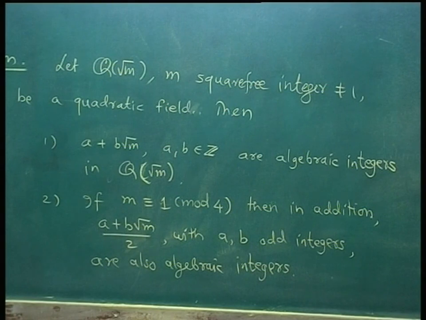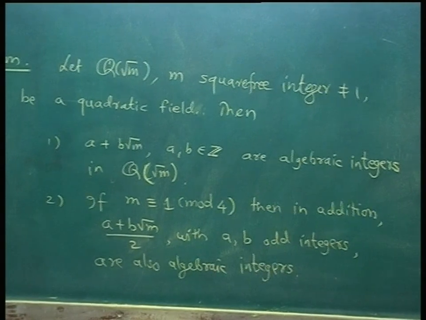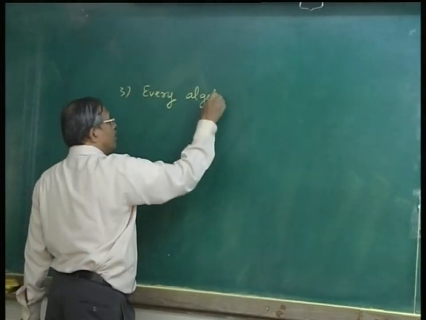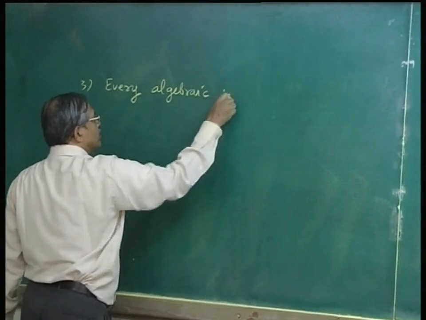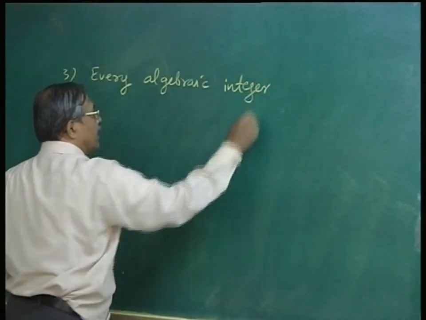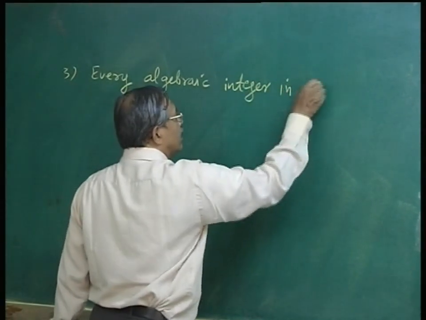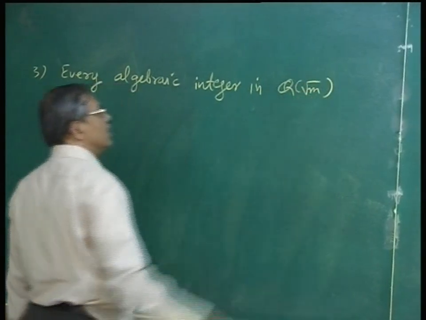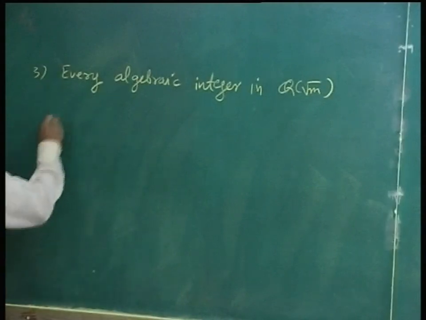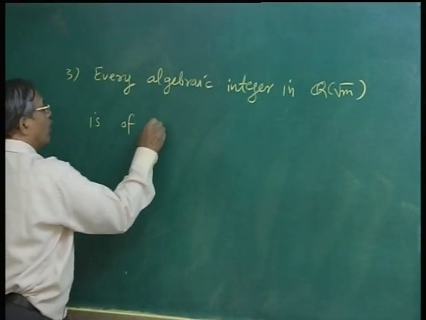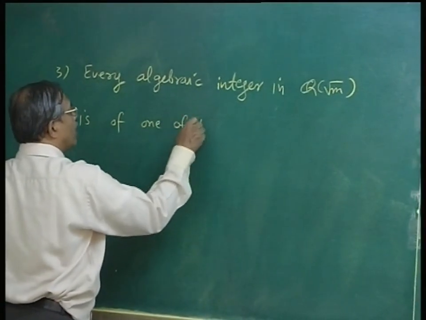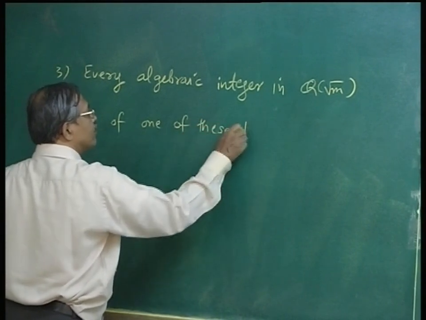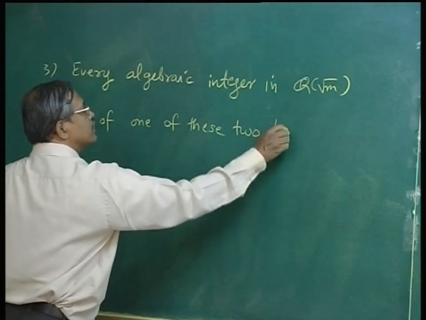The third thing is that every algebraic integer in Q(√m) is one of these two types.